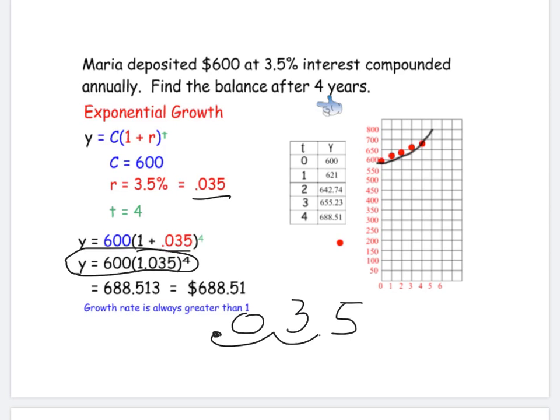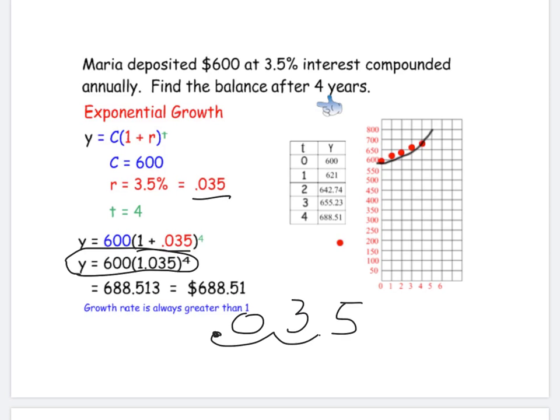And remember, we are looking at this as money, so we always round to the nearest hundredth because there are only 2 decimal places in money. So we'd be looking at a balance of $688.51.